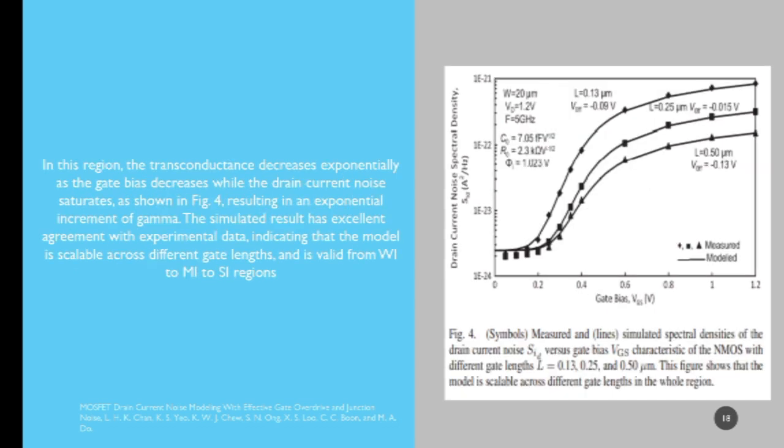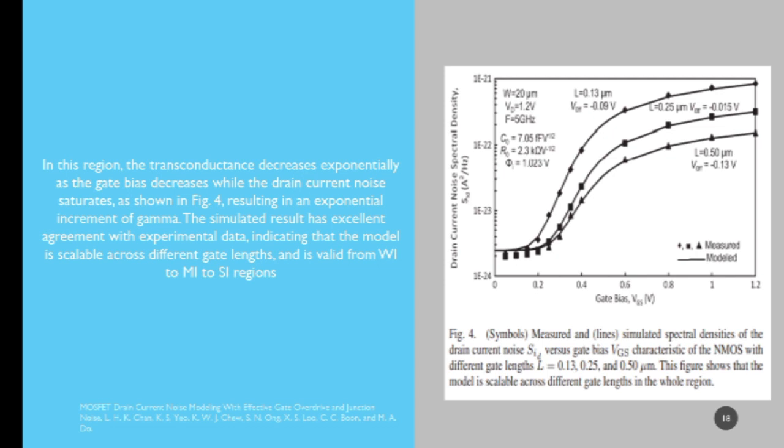In figure 4, the graph is plotted for drain current noise spectral density versus the gate bias voltage of the NMOS with different gate lengths of 0.13, 0.25 and 0.5 micrometer.